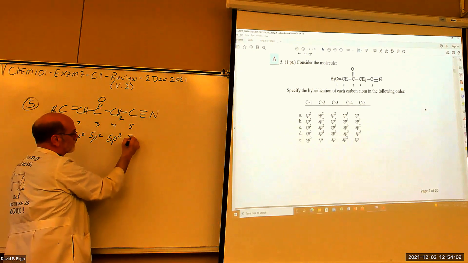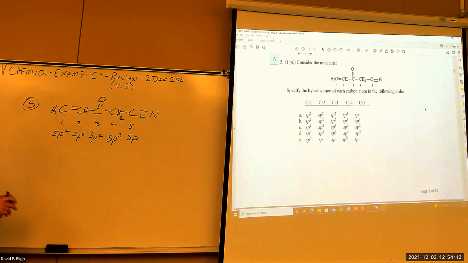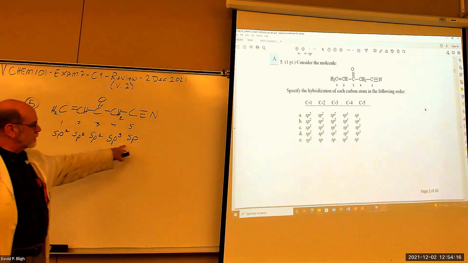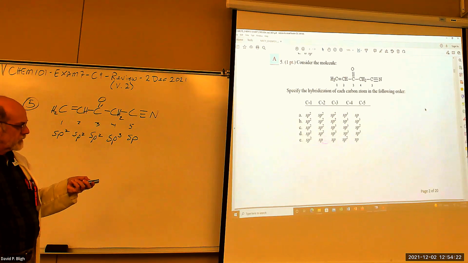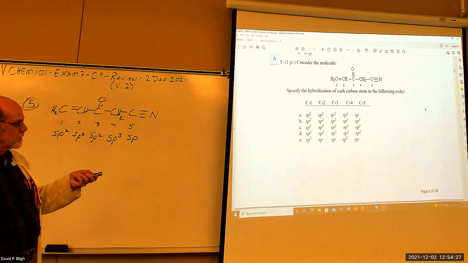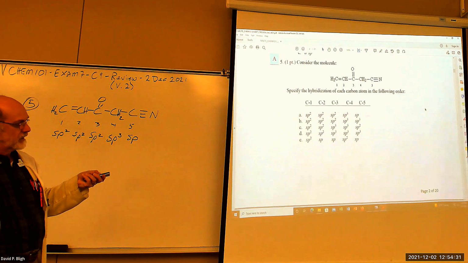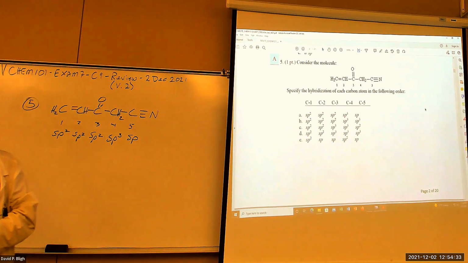And 1, 2, sp. So the sequence is sp2s for 3, then sp3, and then sp. So there are 3 sp2s. Throw that one out, throw that one out, throw that one out. So it can only be one of these. sp3s, okay, we're good there. Then sp. So the answer has to be A. Okay?